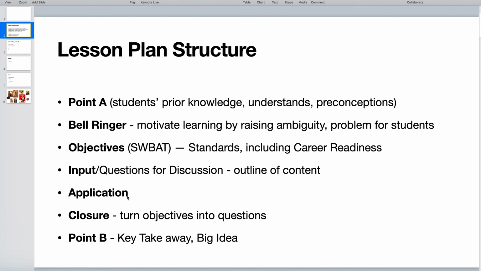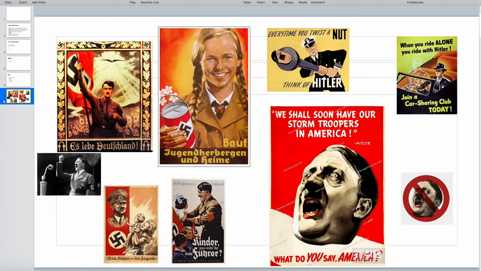And so you might say, I'm going to have you get into groups of 3, and I would pass out pictures from World War II and talk about who Hitler was, who were the Allies, and who were the Axis powers, what were they fighting over, and how is propaganda being used in one direction dealing with Hitler, and how is propaganda being used in another direction in another country dealing with Hitler, and what are the specific propaganda techniques being used, and then match the propaganda to the picture.